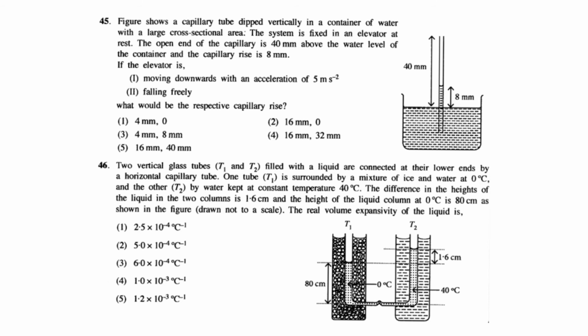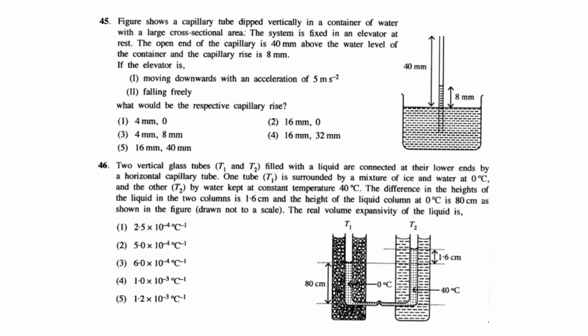Let's consider the first instance. We can mark the forces on the diagram. Mg, that is the weight of the system downward, normal force capital R upward. Using F equals ma downwards, we can write mg minus R equals ma.